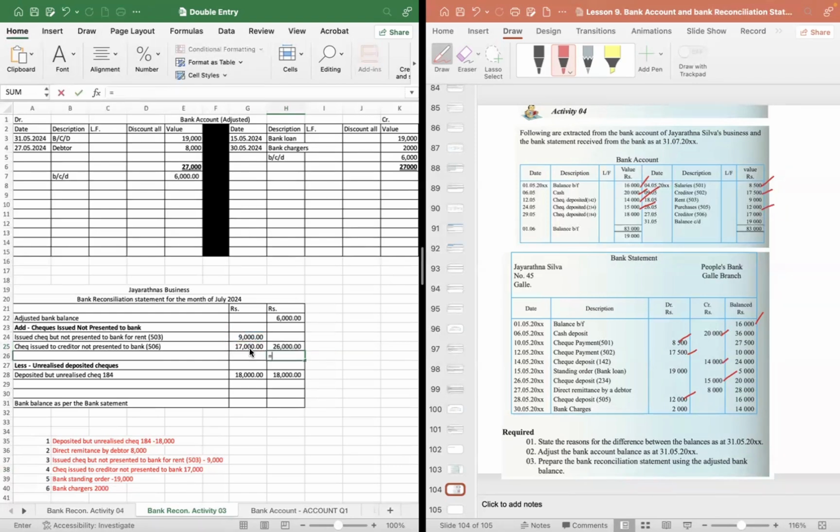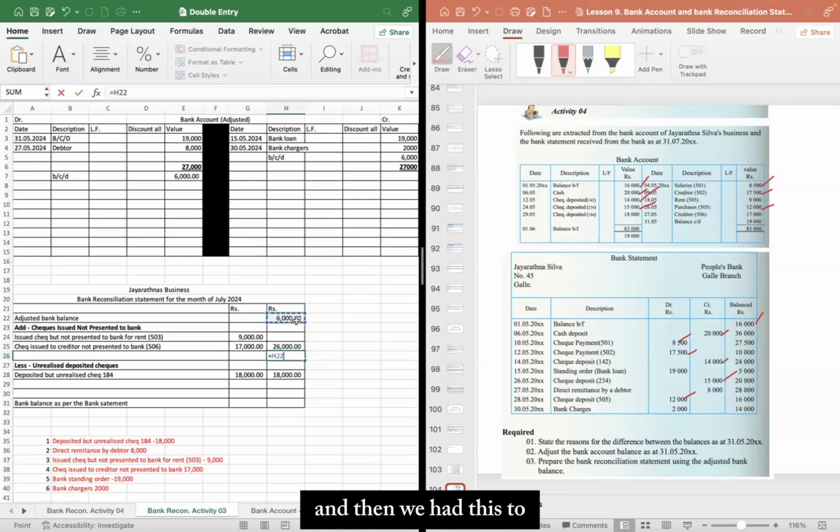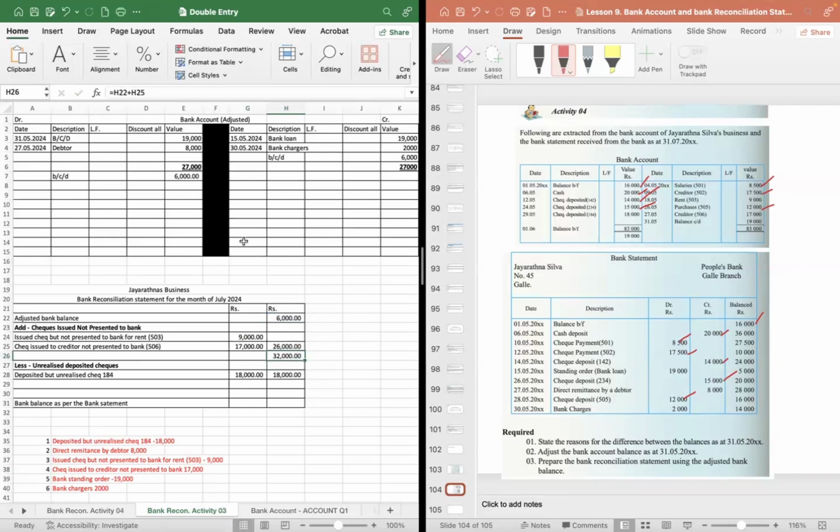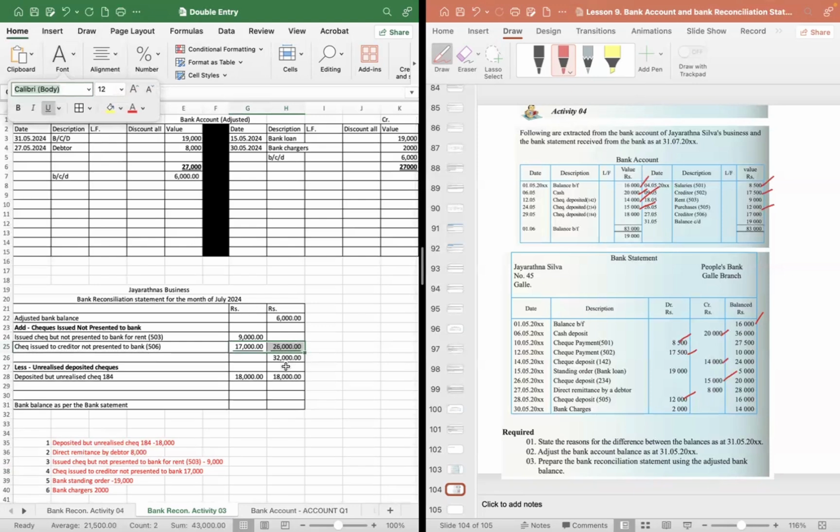Okay and then we add these two. Okay. ඊට පස්සේ මෙතන මේ 18000 එක නම් අපි මේකෙන් අඩු කරන්න ඕන. Right.